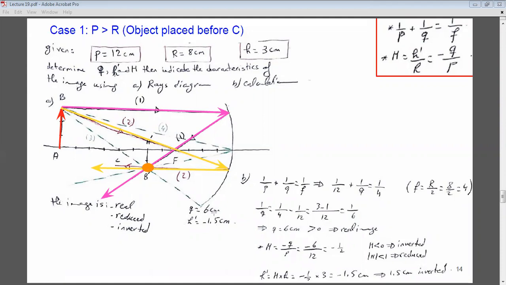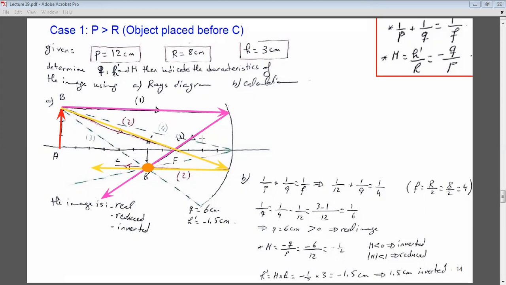So Q equals 6 centimeters. The image is real because it is in front of the mirror. The image is reduced because H prime is less than H, I can see it is smaller than H, and it is inverted. So all the information we get by calculation, we can also get by solving rays. The rays I drew are not the only possibilities.